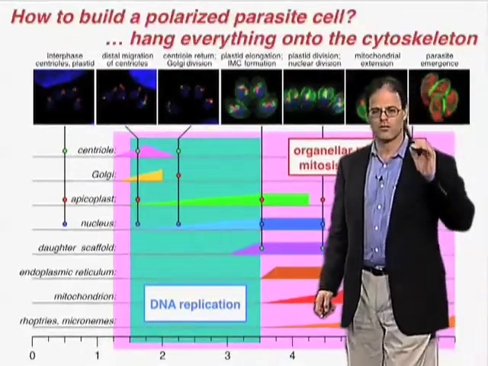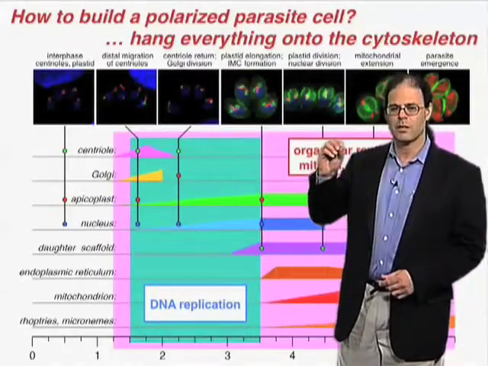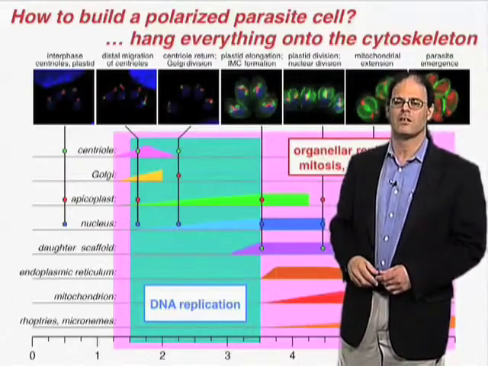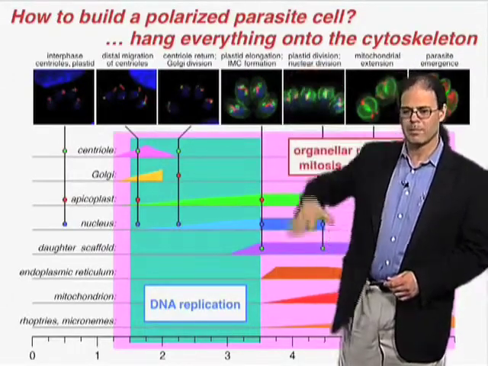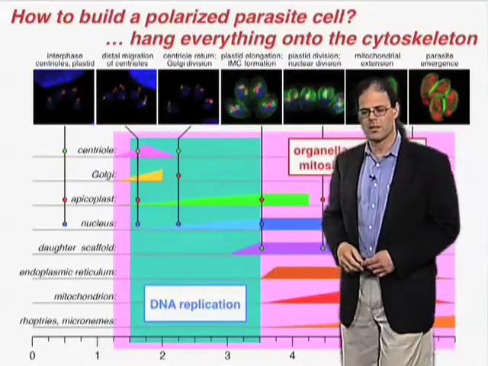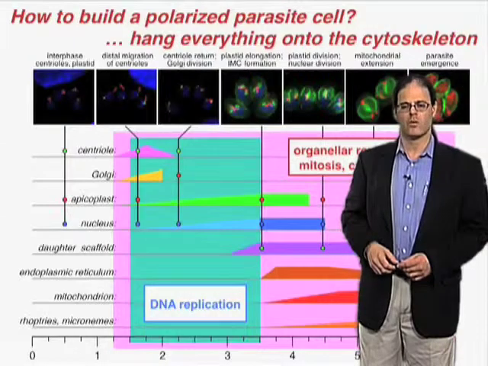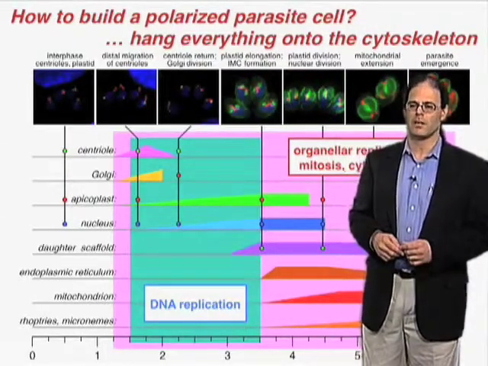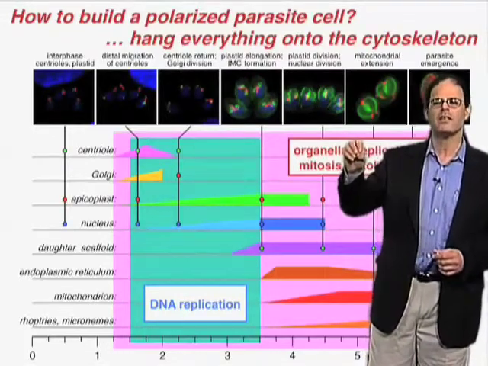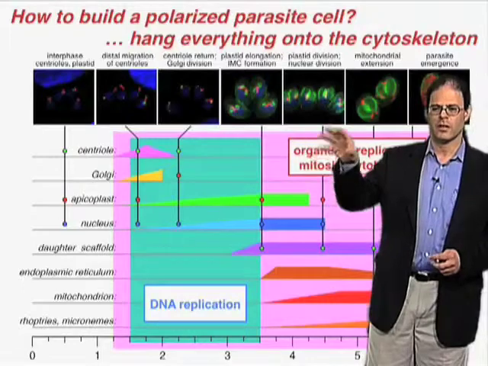So in answer to the question of how we build a parasite cell, the answer appears to be that we hang everything onto the cytoskeleton, building the parasite from the top down in a process that ensures the maintenance of polarity that's so essential to parasite survival, and has a number of other interesting implications as well, because everything in the daughter parasite is put there by choice.